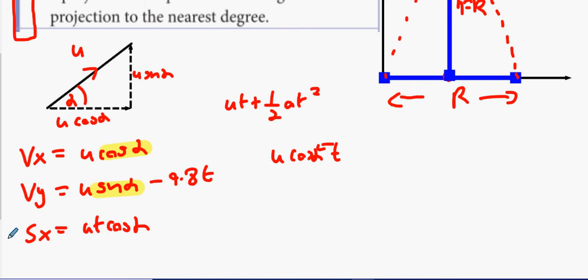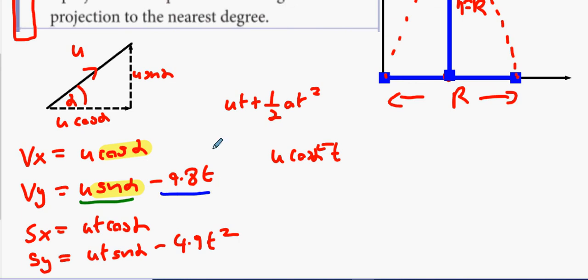Okay? Can I tell you what sy would be then? Ut sine alpha, because it's u multiplied by t, so it's ut sine alpha, yeah? We're still doing the same trick, aren't we? Add a t onto the first part, half the second part, and add another t. Still the same trick, okay? Now, here's where things get interesting.